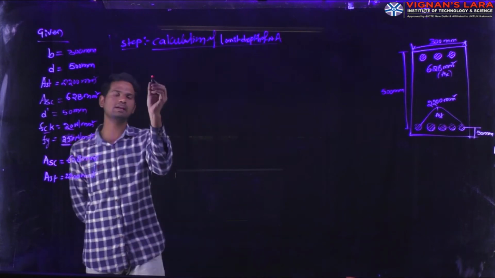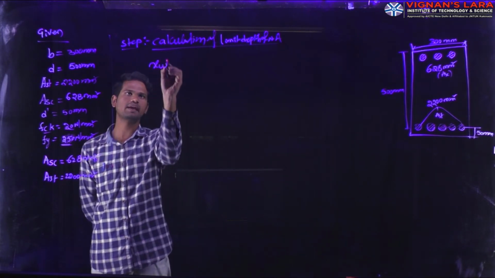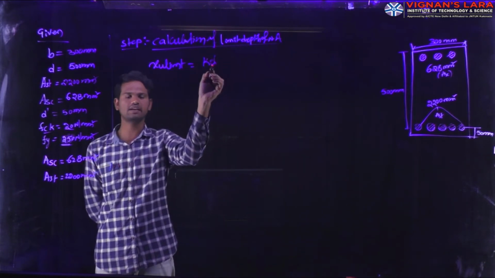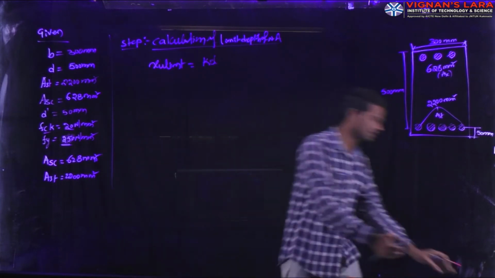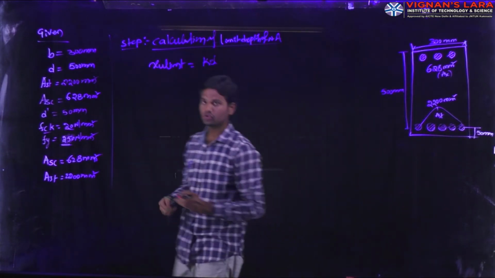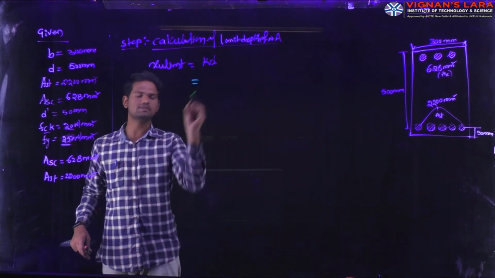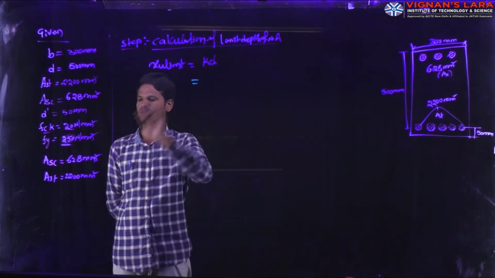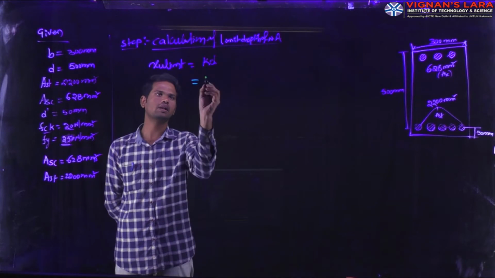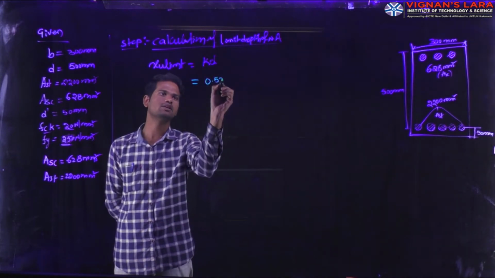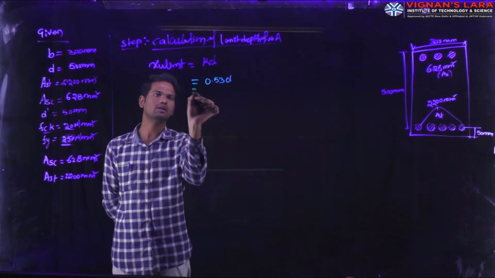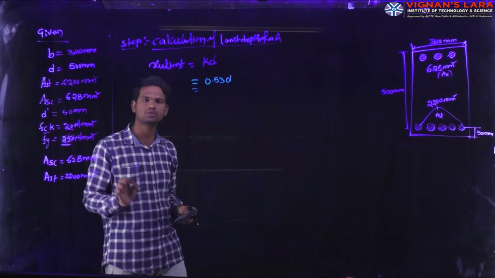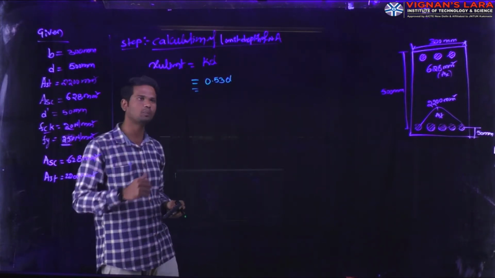First I am writing here XU max or XU limit, equal to limiting depth of the neutral axis, equal to neutral axis constant K into effective depth of the beam D. For the problem given here, the steel is Fe250 grade, so we have the neutral axis constant as 0.53 times D. Suppose if they had given Fe415, in those conditions you should substitute 0.48 instead of 0.53.